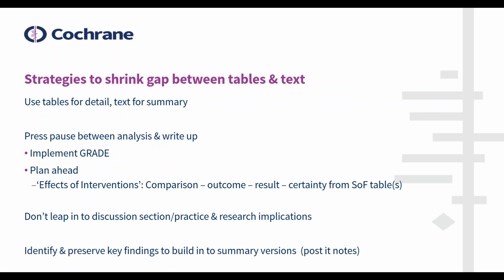That might be something that makes you remember to talk about the downgrading decision for risk of bias being different for one outcome but not between different outcomes, or the characteristics of studies for your main comparison, or that the results are driven by kids under the age of 16 or kids under the age of 8. It's a nice way of teasing out not just how applicable the evidence is, but also thinking about how future research might address that particular gap.